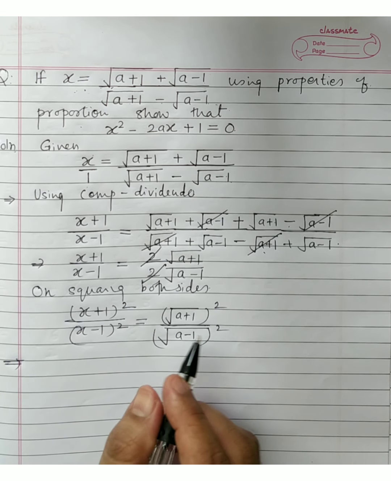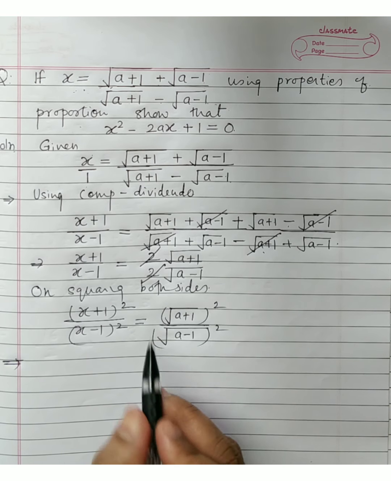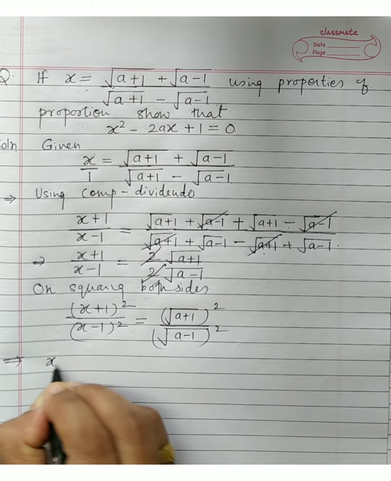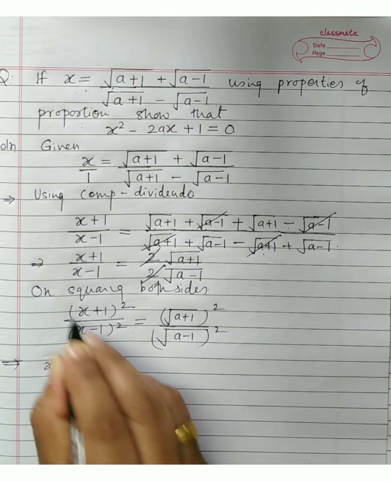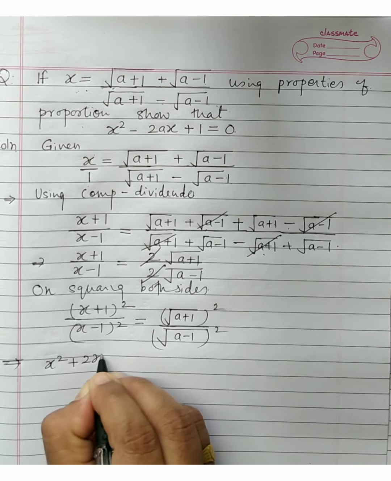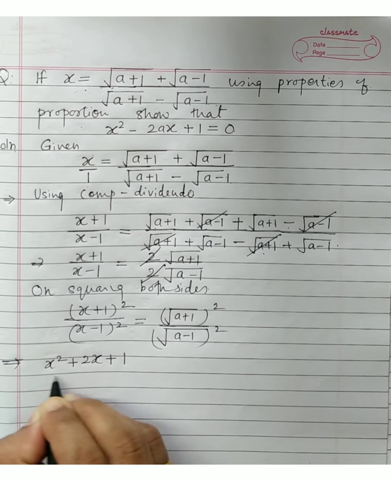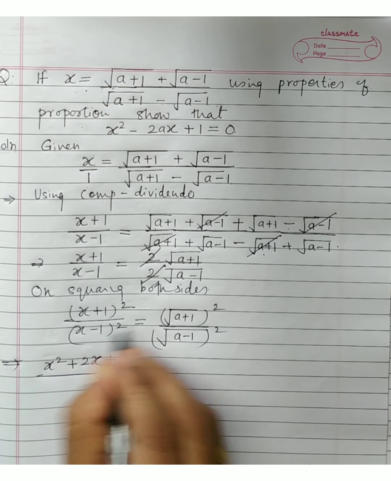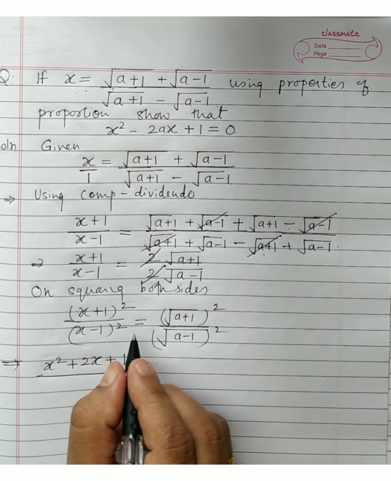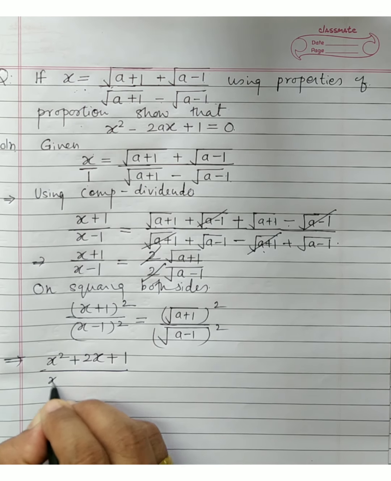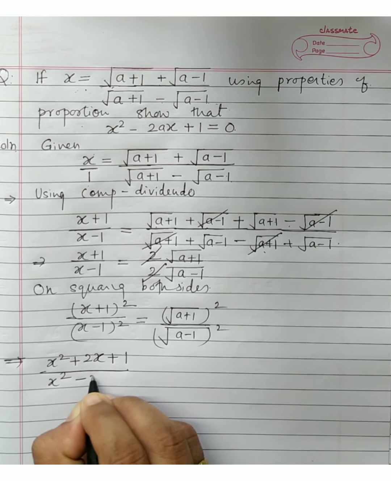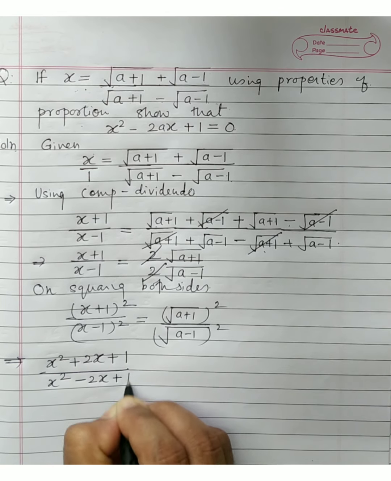What is the formula? a² + 2ab + b². So this gives you x² + 2·x·1, that is 2x, plus 1² that is 1. Here it will be (a−b) whole square, a² − 2ab + b², so x² − 2x + 1.